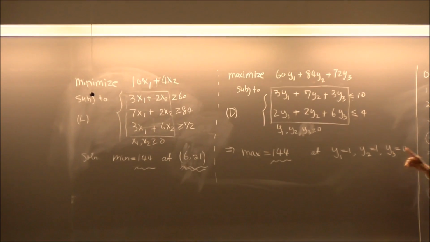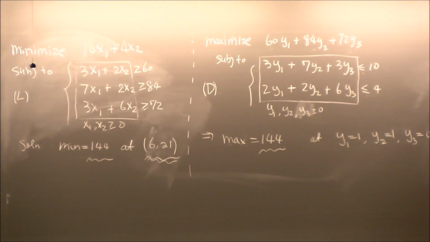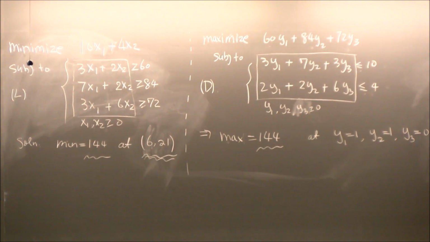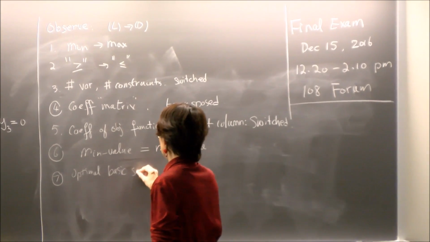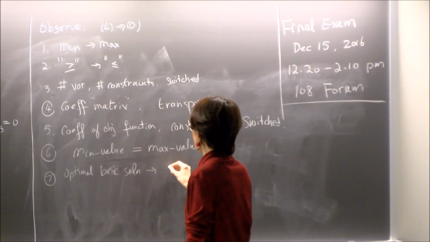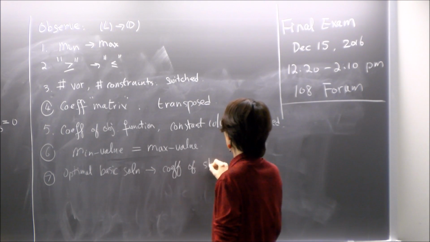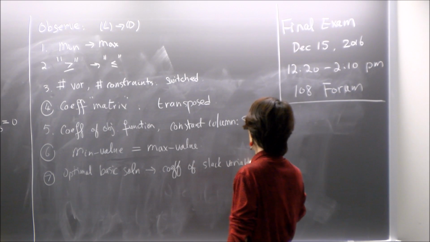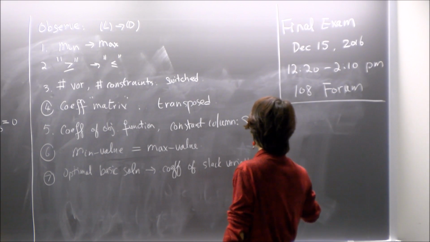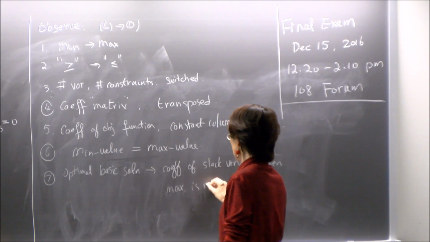So let's put it again. That is the basic solution, right? So the optimal basic solution, where you have the best choice, occurs as coefficients of slack variables when this max is reached in the dual problem.